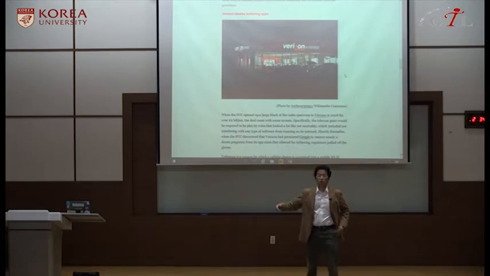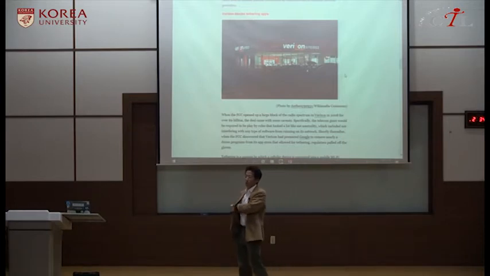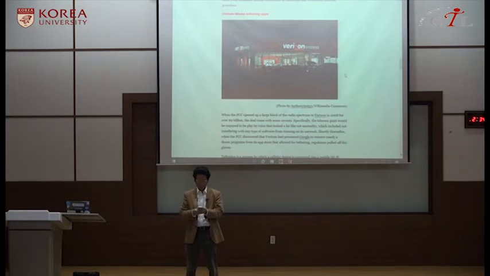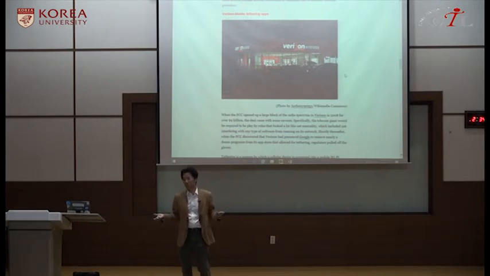So even if Korea University shuts down Wi-Fi now, right? If anybody has a mobile internet service, probably all of you do, if you have a smartphone, because that's the definition of a smartphone, right?